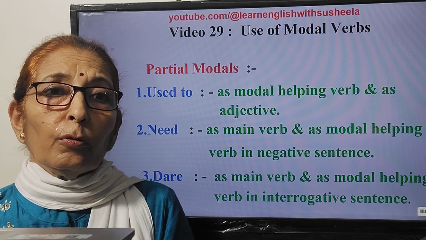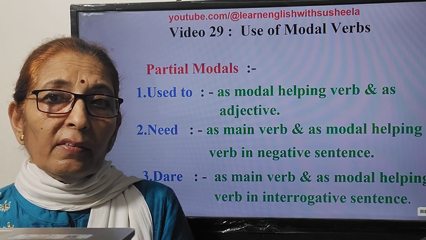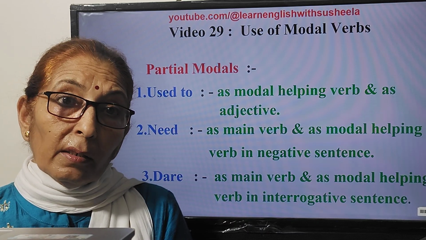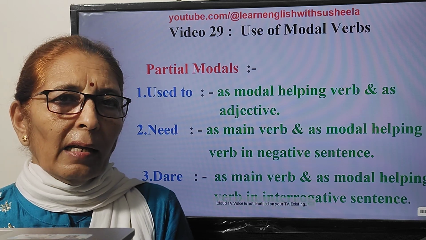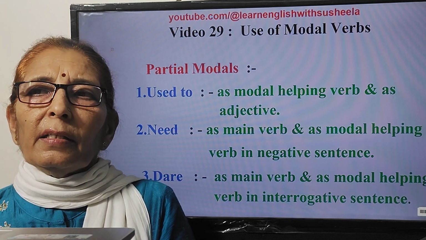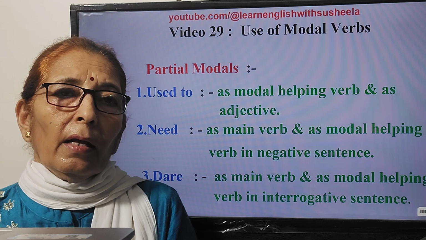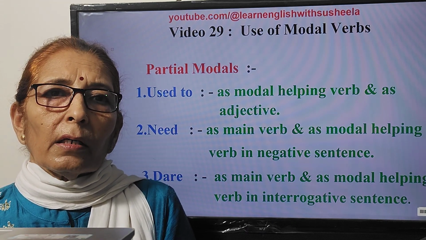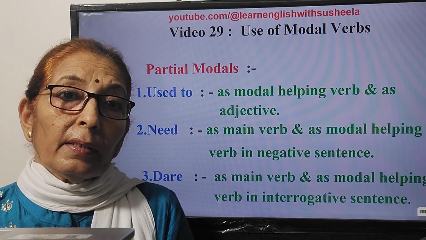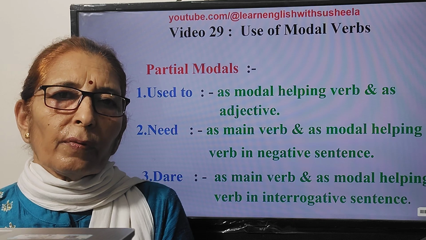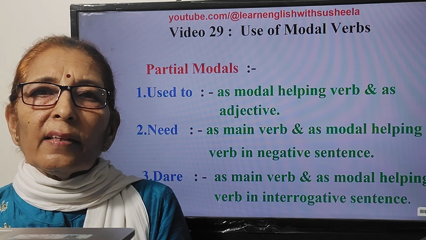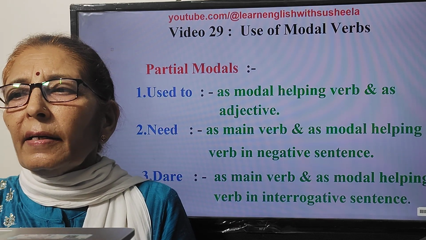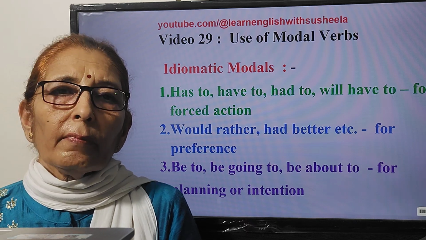He can't dare to go in the jungle. That is the main verb. But when we are using it as a modal helping verb, we use it in an interrogative sentence. How? You can say, how dare you touch my book? That is the use of dare as a helping verb, and it's in an interrogative sentence.